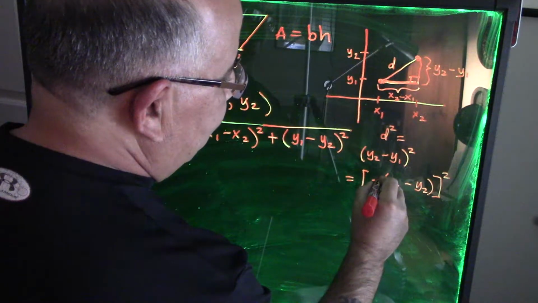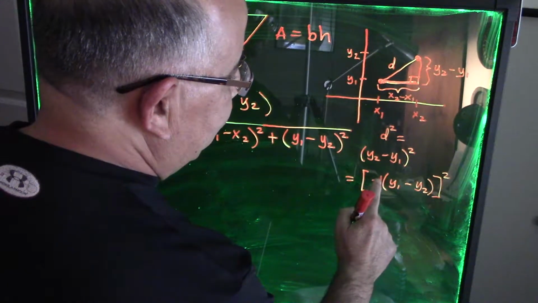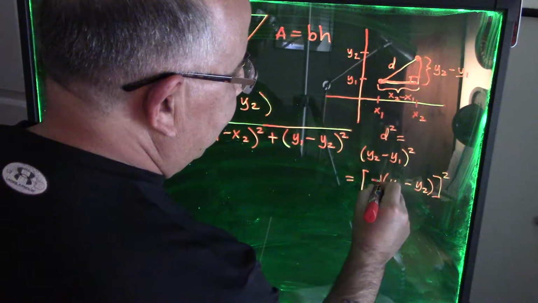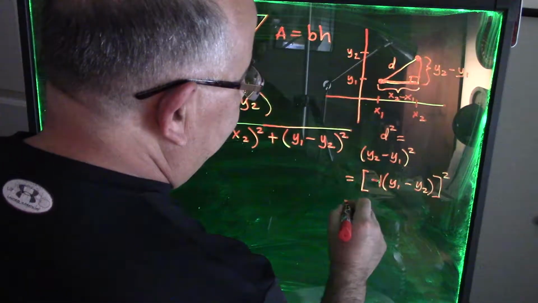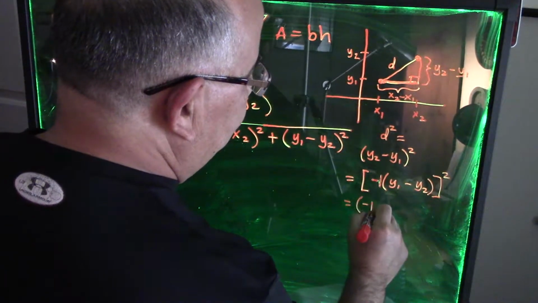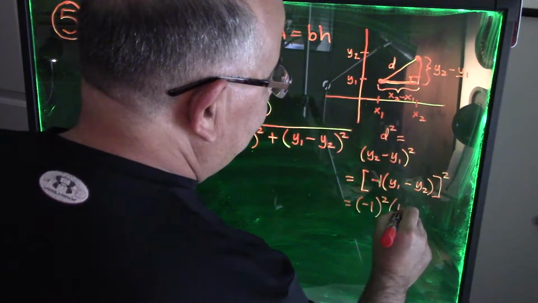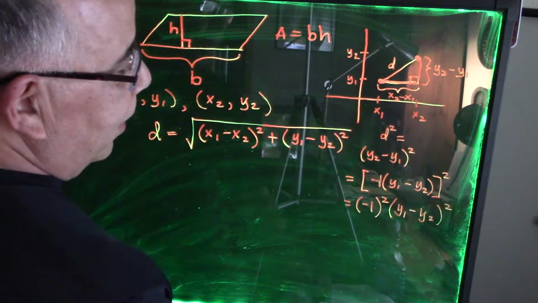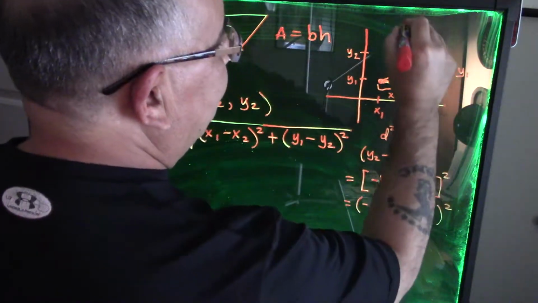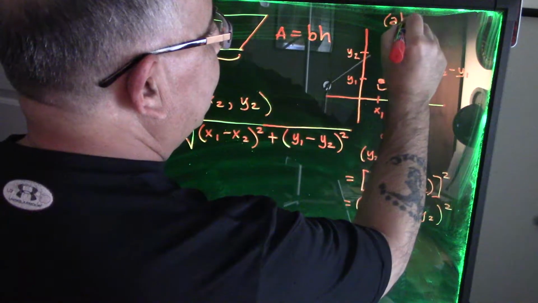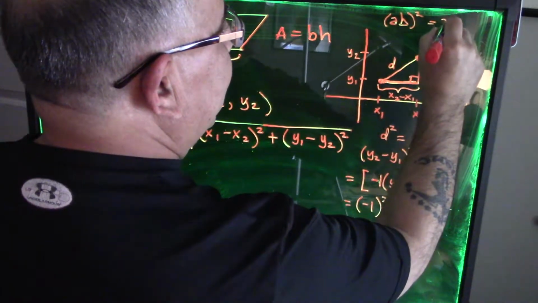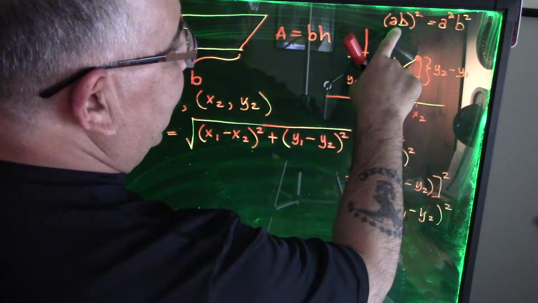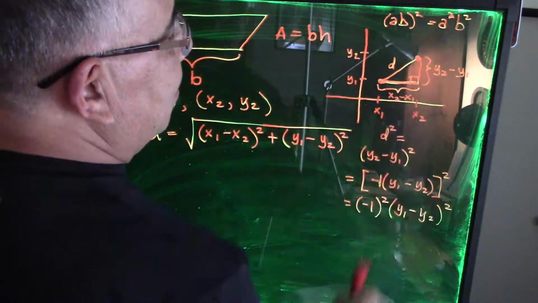This is actually a -1 factor. That should look like a -1 there. And this is equal to -1 squared times y1 minus y2, quantity squared. In other words, if you have ab squared, that's equal to a squared times b squared. As long as you're multiplying or dividing, you can split it up like this.